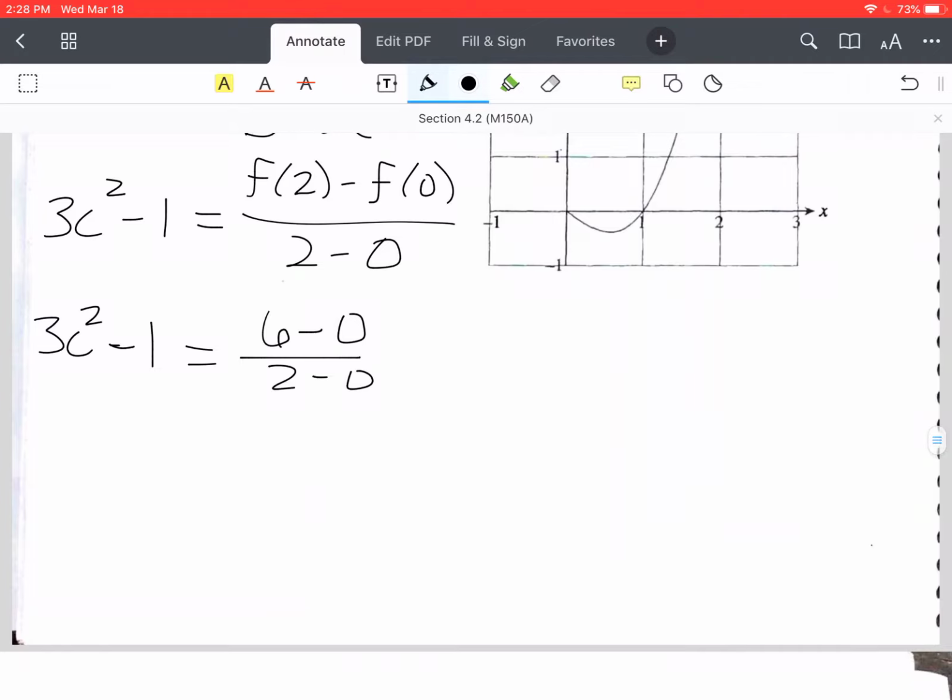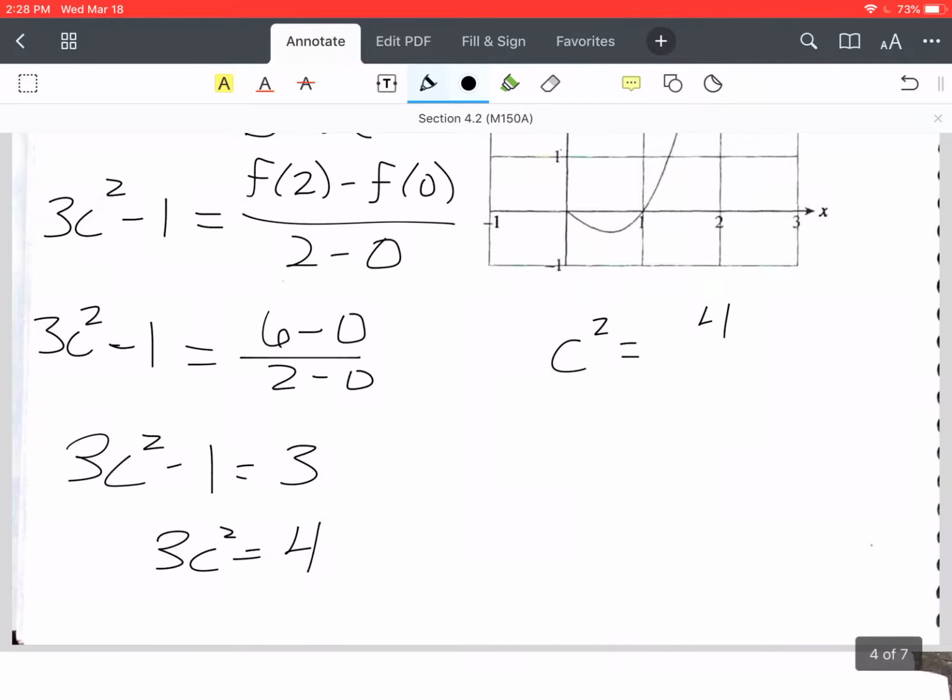So now we just solve for c. So that's 3c squared minus 1 equals 3. 3c squared equals 4. c squared equals 4/3. So c equals plus or minus the square root of 4/3.